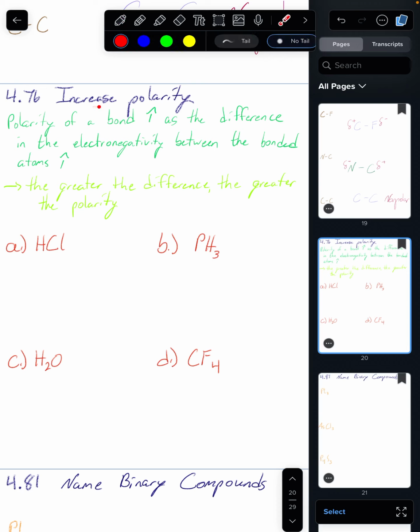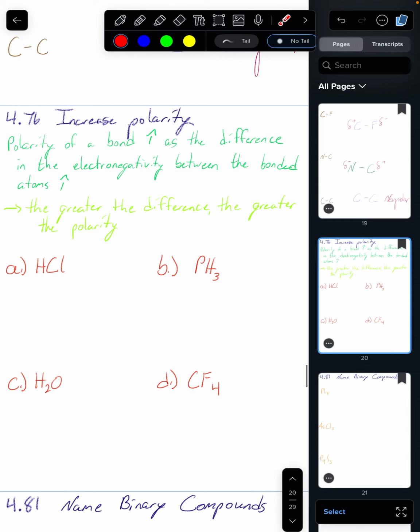So this one is the increasing polarity. So, polarity of a bond increases as the difference in the electronegativity between the bonded atoms increases. So, the greater the difference, the greater the polarity.